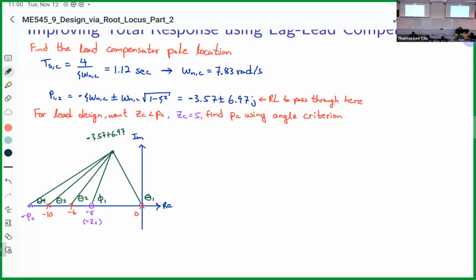So we have 1 zero, 4 poles, and we're going to use the angle criterion. So (2i plus 1) multiplied by 180 degrees is equal to the sum of the angles of the zeros minus the sum of the angles of the poles, which is equal to phi 1 minus (theta 1 plus theta 2 plus theta 3 plus theta 4).